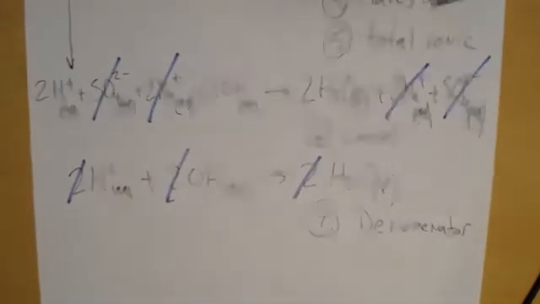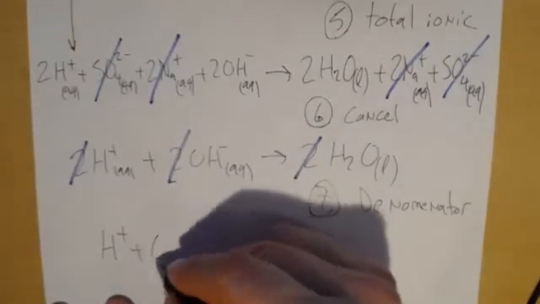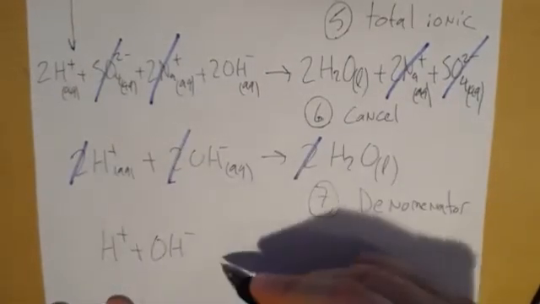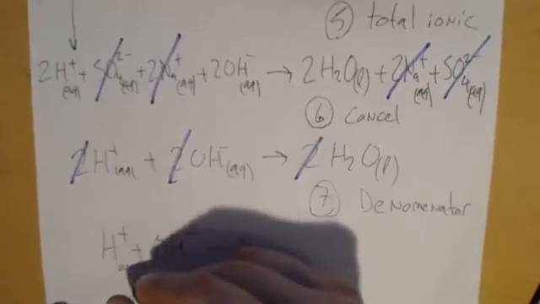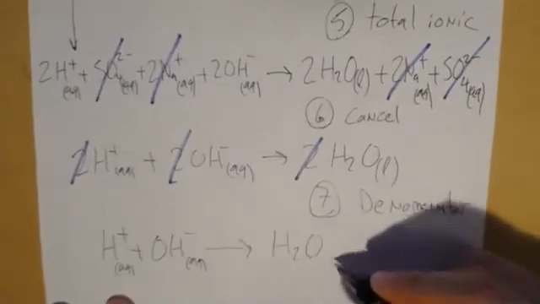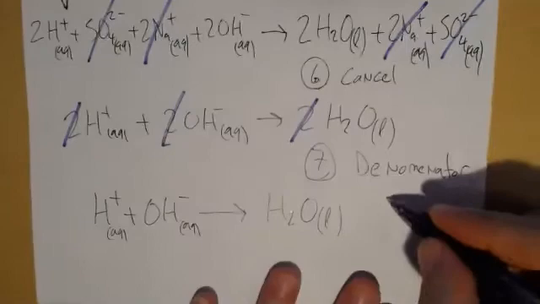So then the net is what's left: when a hydrogen ion finds a hydroxide ion, aqueous, in solution, they form water liquid. And if you want a little hint, this is always going to happen with an acid plus a base.